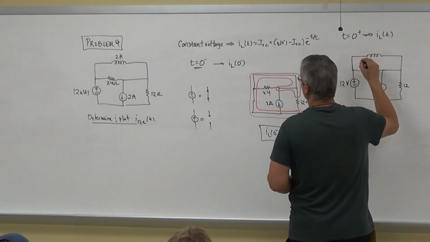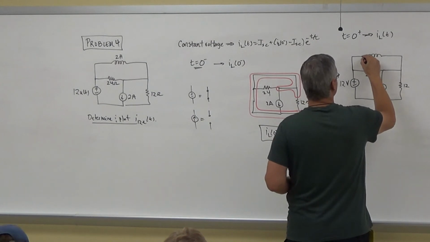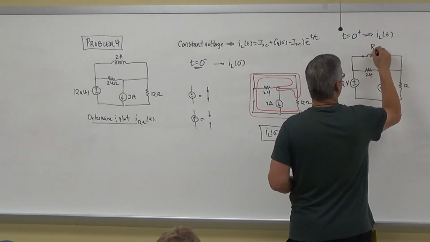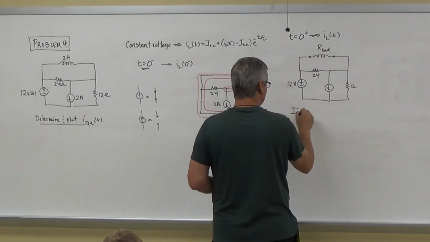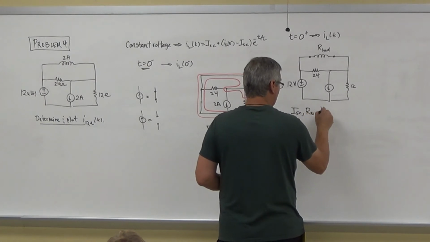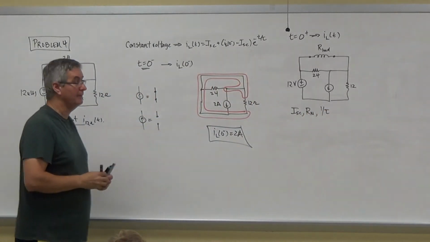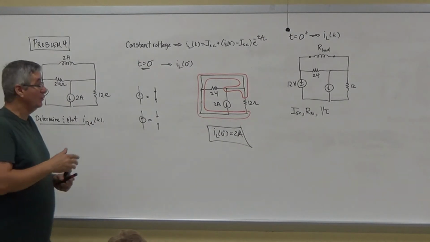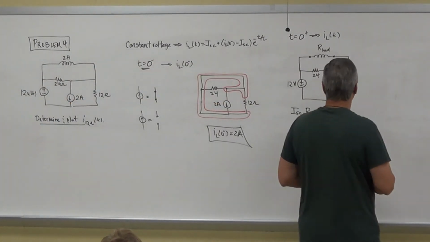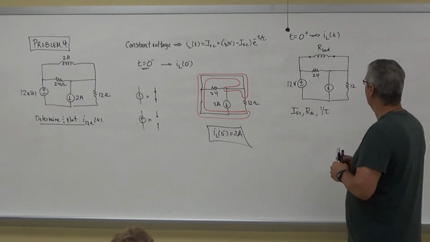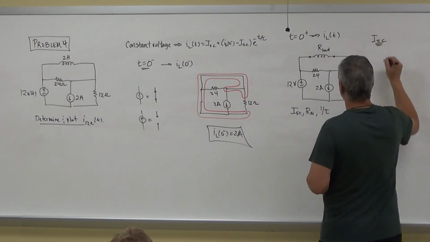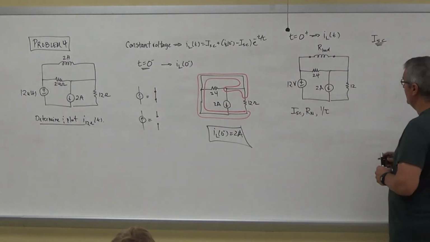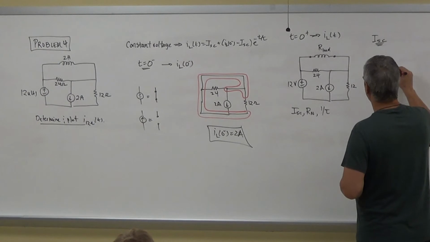So then my job here is that I'm going to remove this load, and then I got to go after I short circuit, Rn, 1 over tau. That's what I'm after here. So when I look at this guy here, if I look at I short circuit, I'm going to put a short across this guy. If I put a short across this guy, we could do a couple of things.